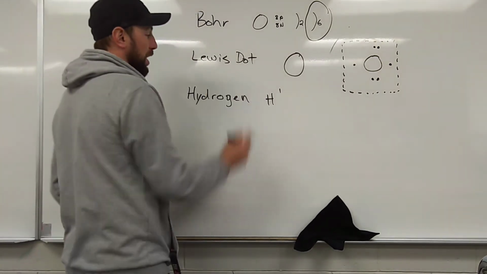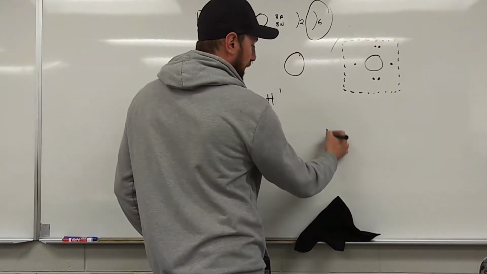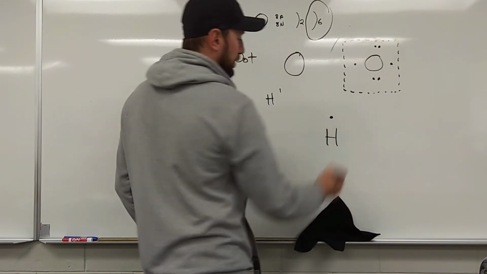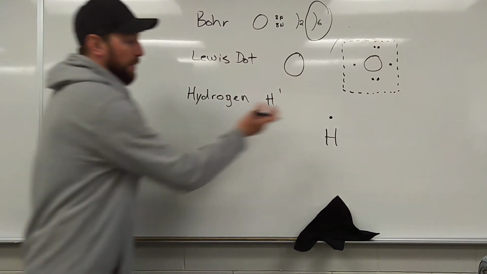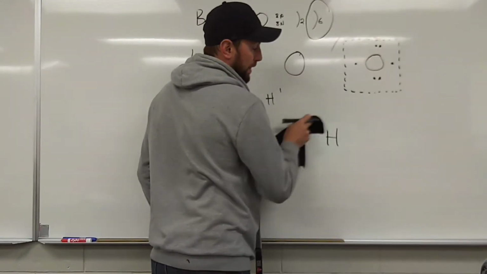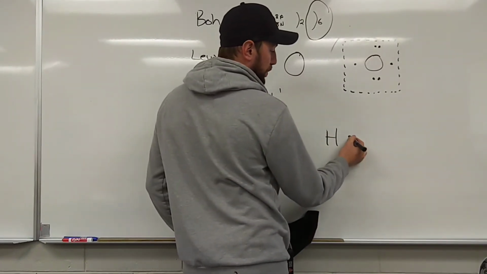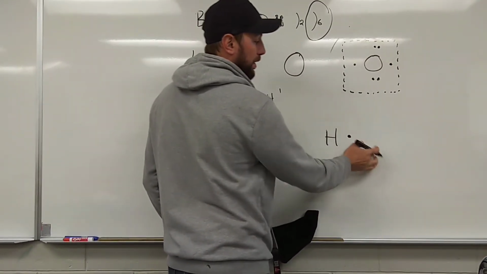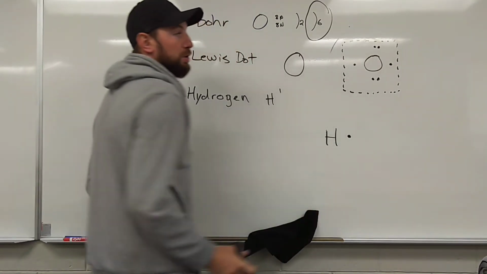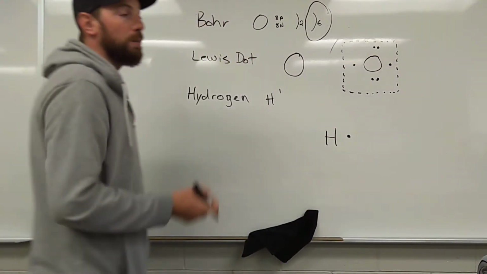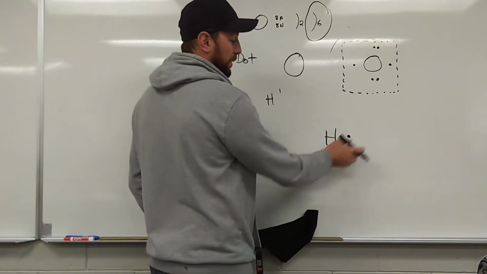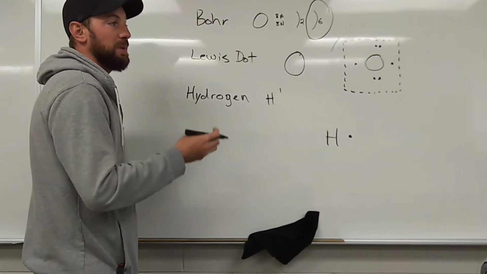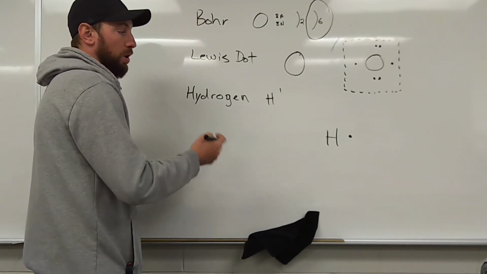So a Lewis dot diagram for hydrogen would be H, and there would be 1 dot. Do I put it there? No, I would put it to the side, because if you're going to show a bond with anything else, you're going to put the bond here if it's just 2 molecules. If there's 4 molecules, then you're going to have the one in the middle and the 4 going around. As you go through them, you'll learn more how to do it.